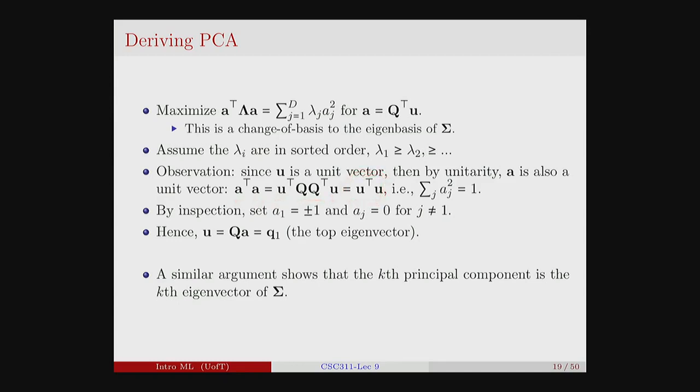That means the summation of all the aj squared is equal to 1. So we can set a1 equal to plus or minus 1 and aj equal to 0 for the ones that we don't select. Effectively, you can prove using a sequence of simple arguments that the best you can possibly do for the right-hand side is to select the eigenvector corresponding to the largest eigenvalue. And that's the case for k equals 1.